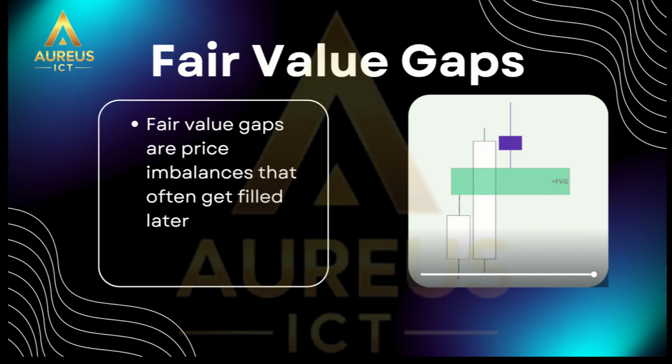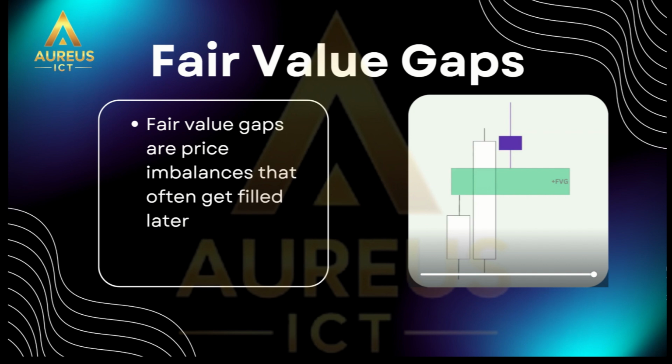And by the way, fair value gaps are like the boss of ICT trading. If you don't understand fair value gaps, you are going to really struggle trading ICT. So the first thing I would suggest you do is make sure you understand fair value gaps. There are many other PD arrays that you have to learn about, but fair value gaps are the boss of every other PD array.